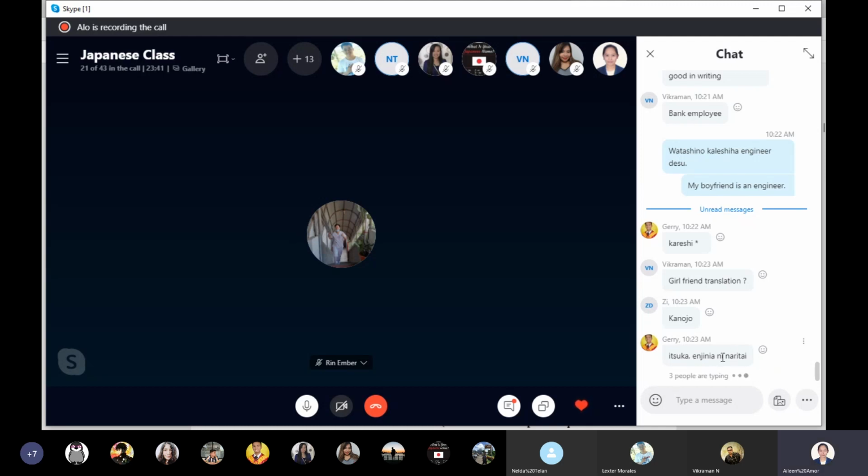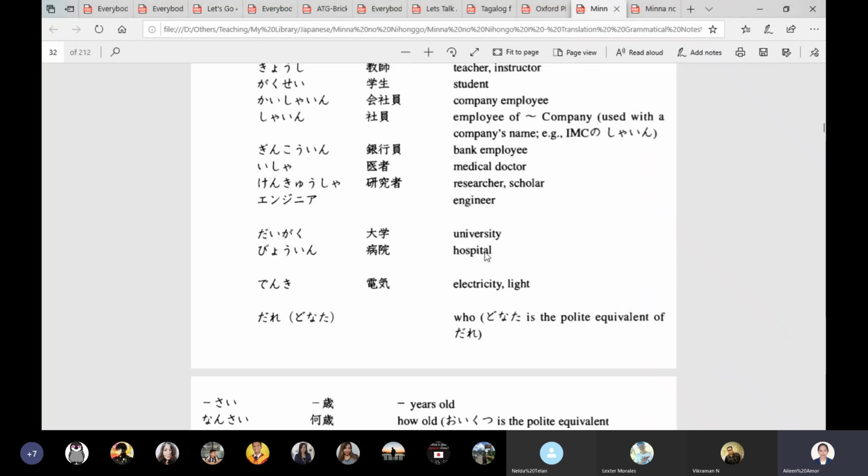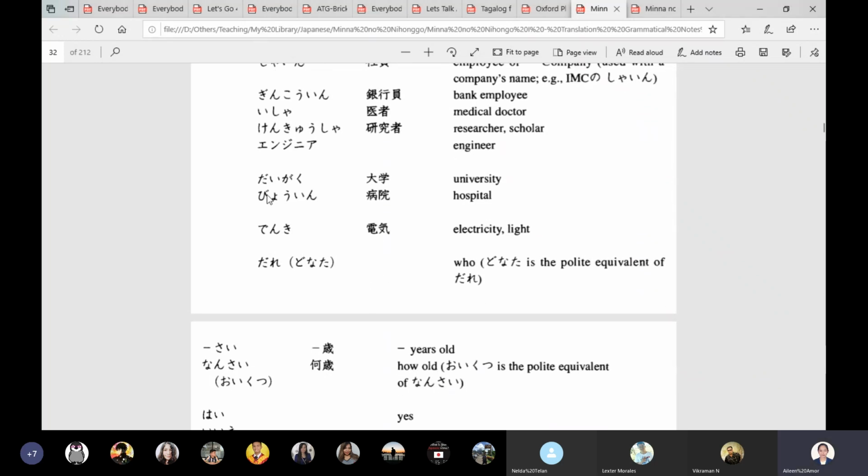This means I would like to become an engineer someday. Okay, and then daigaku. Daigaku means university. So again, dai means big, or it can mean high, like high school, higher school. So it's university, daigaku.